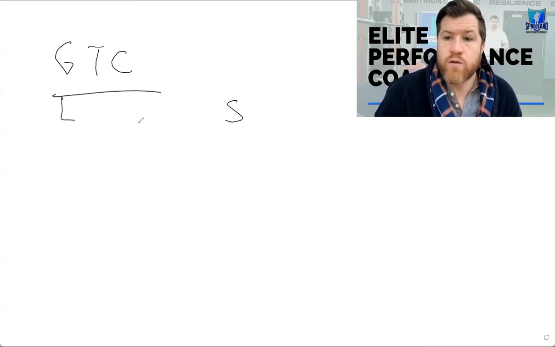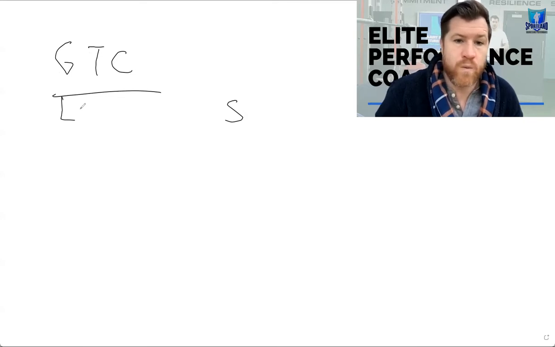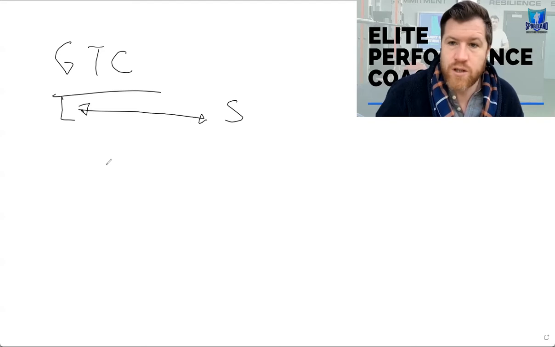So first and foremost, we need to establish with our athletes, what is the rate of change in ground contact time? Ignore what it should be to start off with. But if you can profile off a 10 meter, for example, what is ground contact 1 and what is ground contact 7?